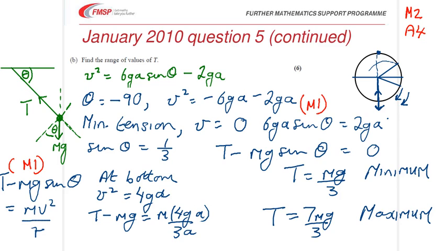The rest of it was accuracy marks, so there was an accuracy mark for finding sine theta, an accuracy mark for finding the V at the bottom, and then an accuracy mark for minimum tension and maximum tension. That was a total of 6 marks.